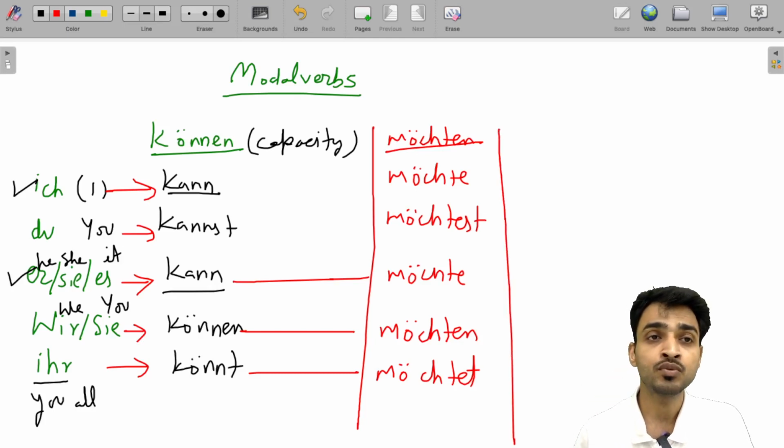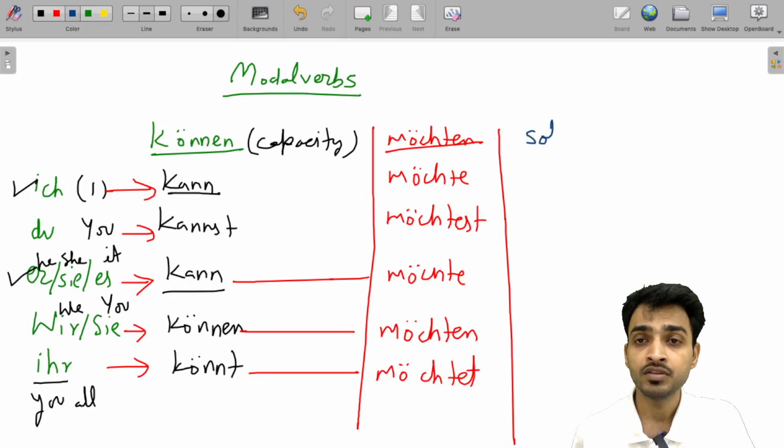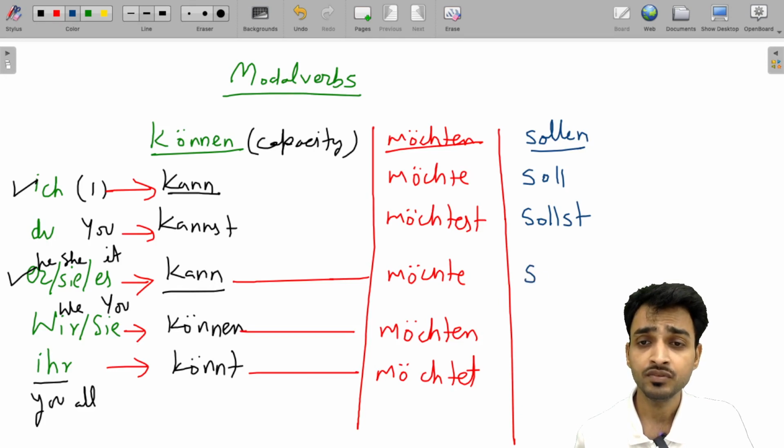Now come to the next modal verb. It is called sollen. Sollen means should. When you give a suggestion, when you give advice. So if you say I should, then ich soll. Du sollst. And er, sie, soll.